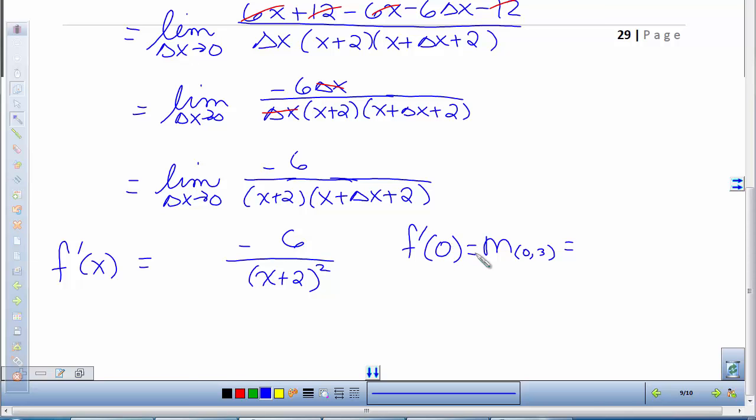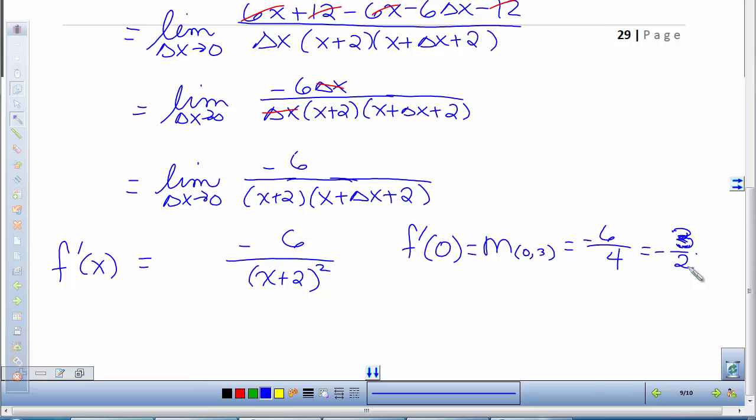And so when I do that, we get negative 6 over 4, because I plug in 0, we get 2. We got to square that, negative 6 over 4. Or if we want to, we can write this as minus 3/2. Okay, minus 3/2. All right, so we've got our slope.